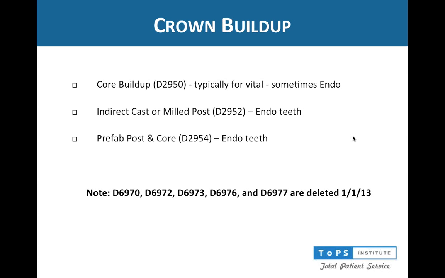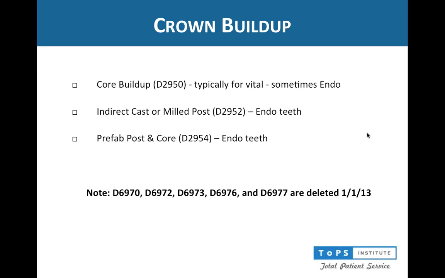Now our crown buildup, the 2950, has been used often for the endodontic follow-up post procedure. And remember that we learned this last year that we're to use the single surface filling or the double surface filling code. So to make sure that the coding is done properly, we wouldn't use the buildup, the 2950, for that type of procedure.